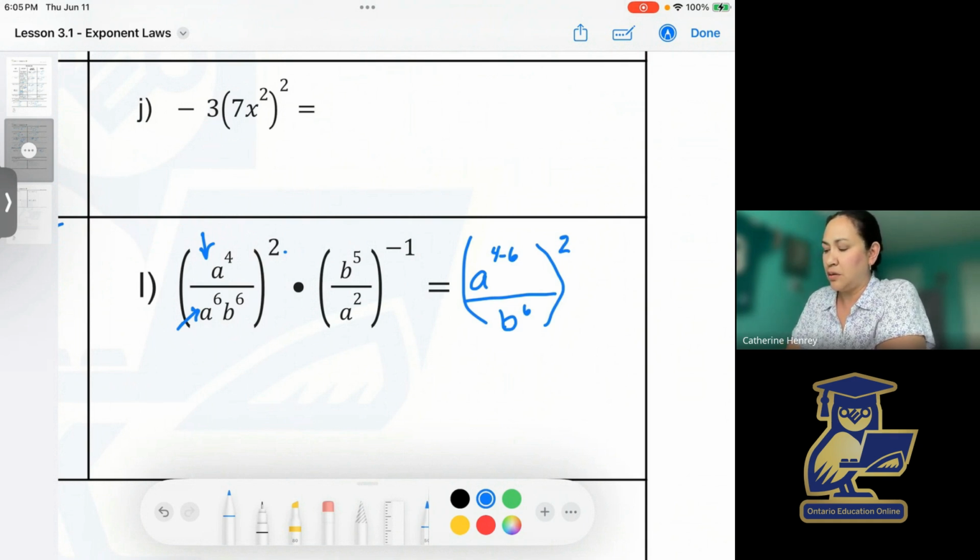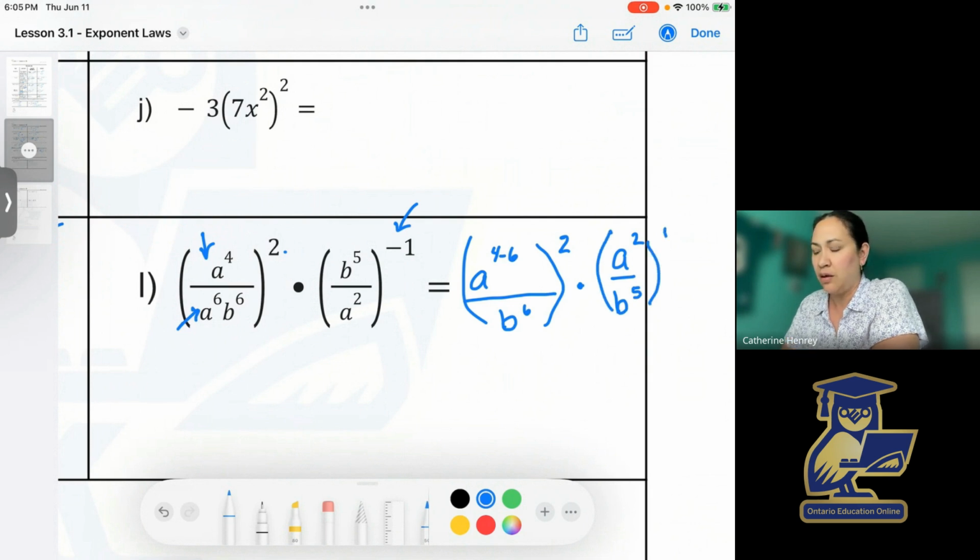Times, we can do this simultaneously. We have a negative 1, and since we have a negative exponent, we can flip that and get the reciprocal. So I can switch this to a to the power of 2 over b to the power of 5, and now that would be raised to the power of positive 1. But we don't really write the power of 1.